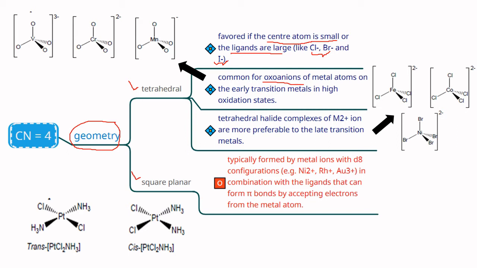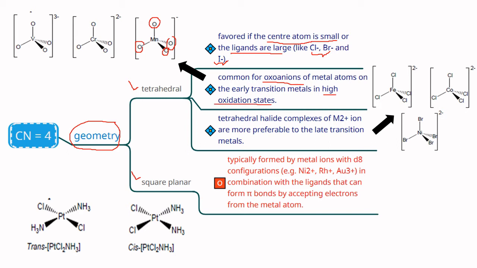If you look at rule number 2 here, oxo anion means you have 4 oxygen here. When you have 4 oxygen ligands, they tend to bind to the early transition metal with high oxidation state.